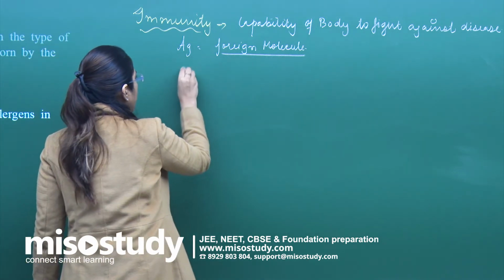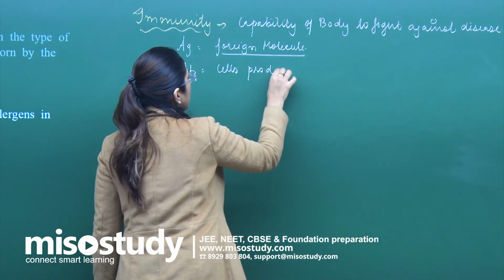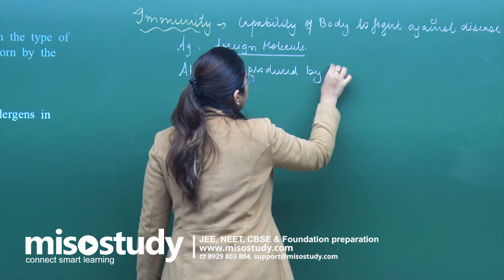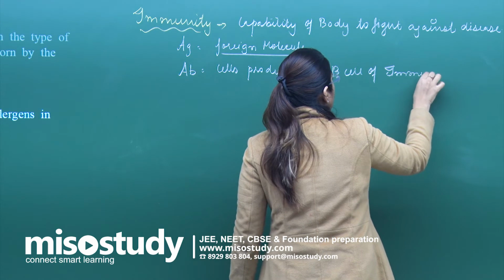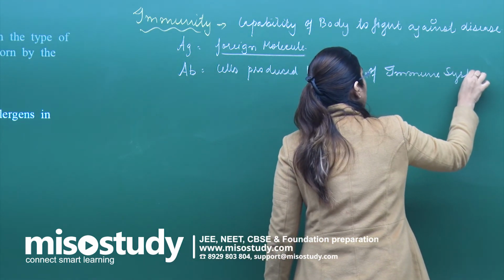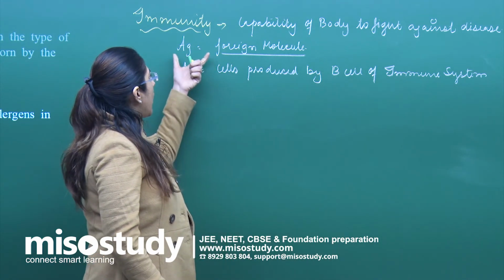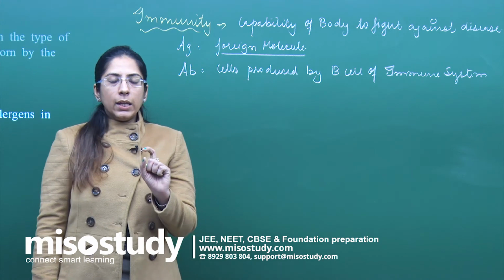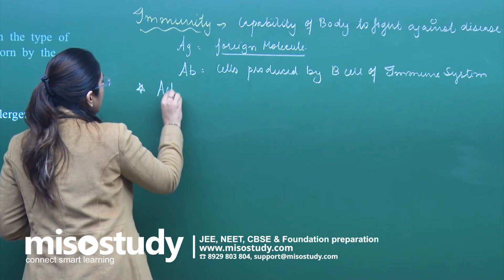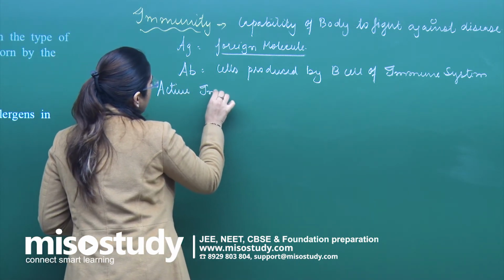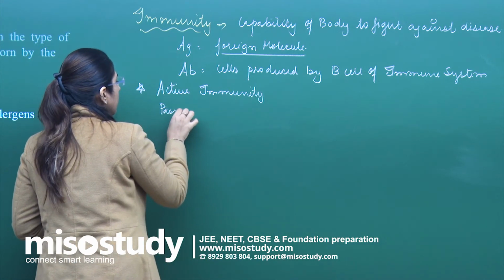Let's talk about antibody. Antibodies are the proteins produced by B cells of the immune system. These are produced by B cells of the immune system, right? Is it fine? So antigen antibody concept, hope it is clear to you. There are different types of immunity. One is called active immunity, and second is considered as passive immunity.